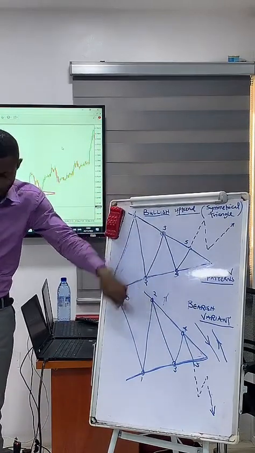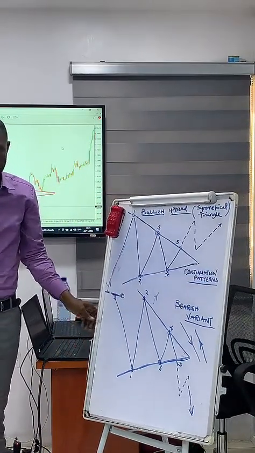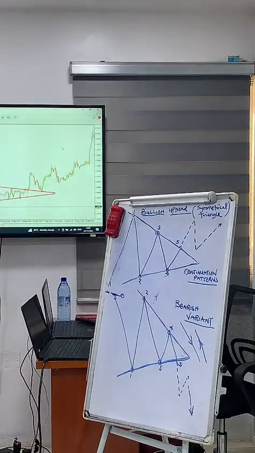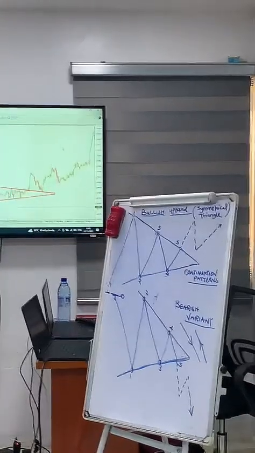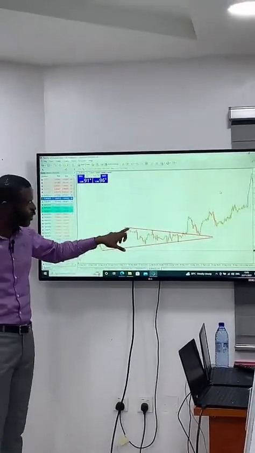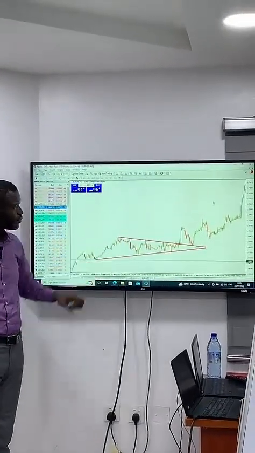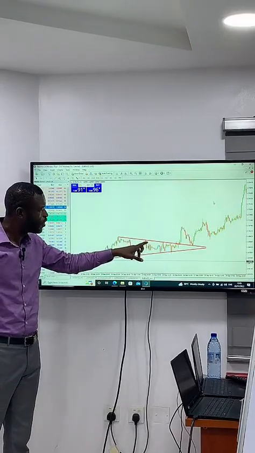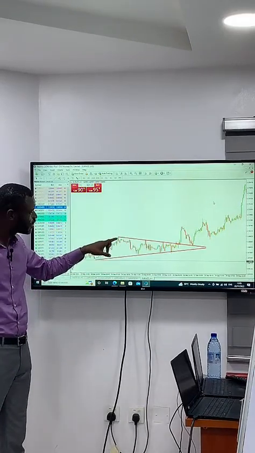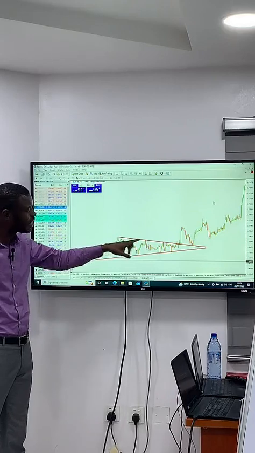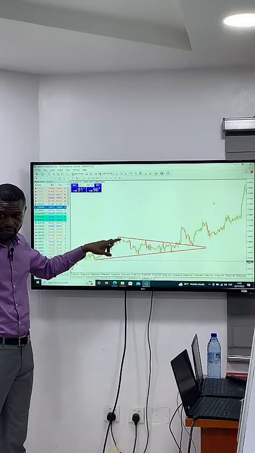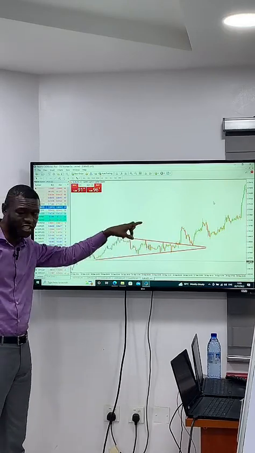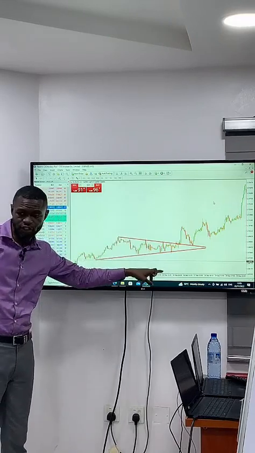Let's look at the bearish variant. Just like what I showed here. Market rises to this point, it drops, and it came again to this particular point. Someone who sees it now says, okay, this high is lower than this. So since it could not get to this point or surpass this point, probably a change of trend.